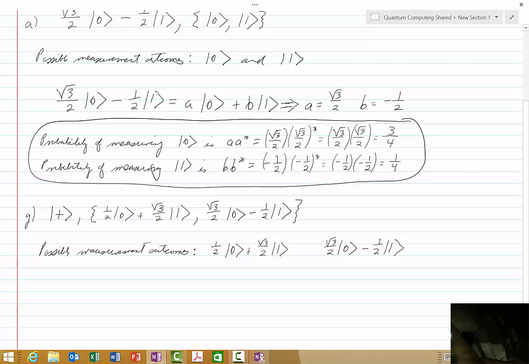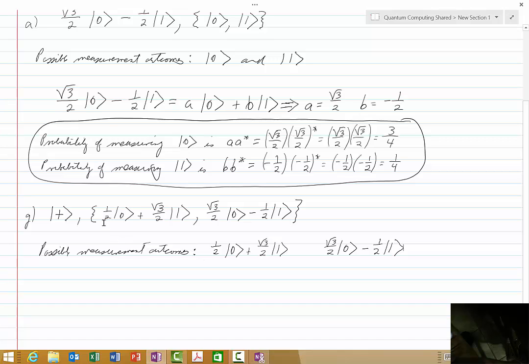And as will be the case in all of the bases that we will be working with, this is an orthonormal basis. In other words, if you take this term right here and take its inner product with itself, you will get 1. Likewise, if you take this term and take its inner product with itself, you will get 1.